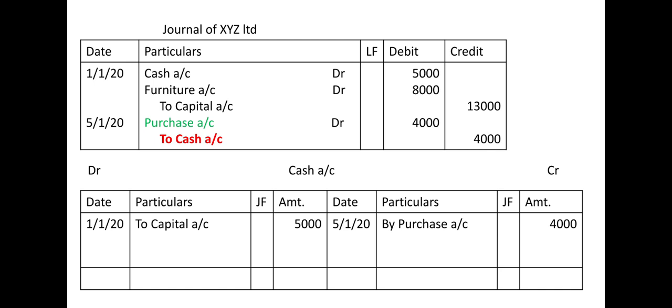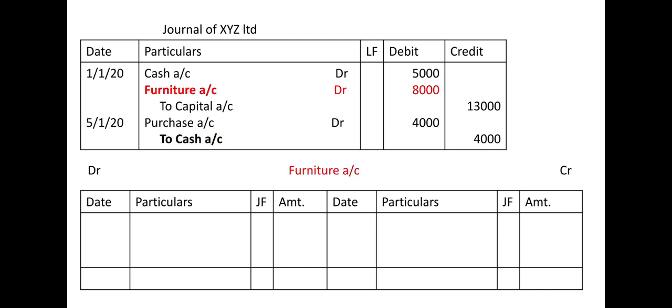Which are the other ones? See the first journal entry again. Below cash, which account do you find? Yes, the furniture account. The furniture account appears only once, students. Clear? It is not repeated twice. There is only one entry for furniture, only in the first journal entry, so it will become easy.